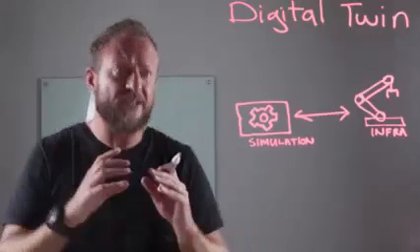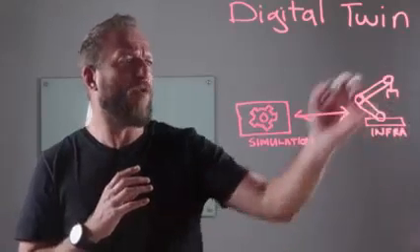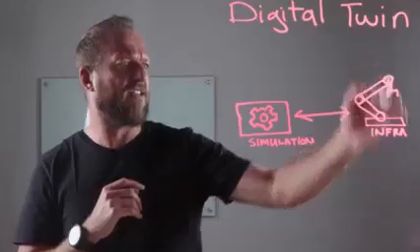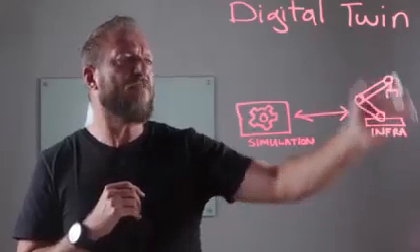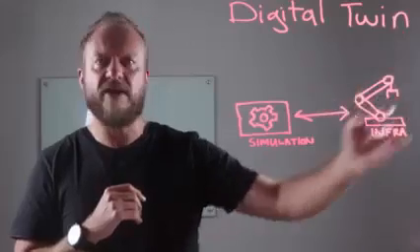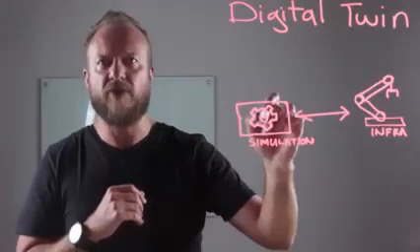So the basic concept of this is any form of infrastructure, in this case it's my little hand-drawn robot crane here, we can kind of simulate that entire infrastructure digitally on a computer, right, through a specific space.